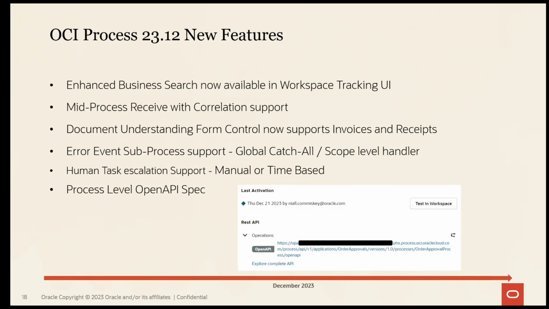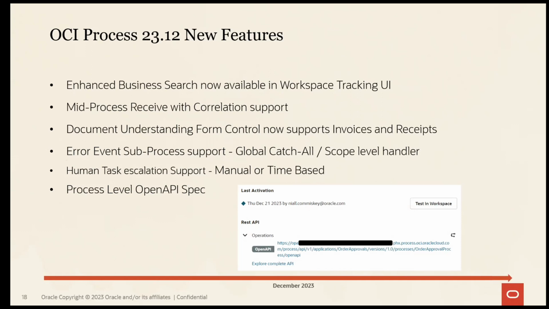Now, document understanding form control. That was introduced, I think, in 23.08 within process. The idea here is to have a form control that reads in some information and intelligently parses it for you. The demos that we were showing earlier for this were for a driver's license and a passport, for example. This is very interesting for process use cases like hiring employees.